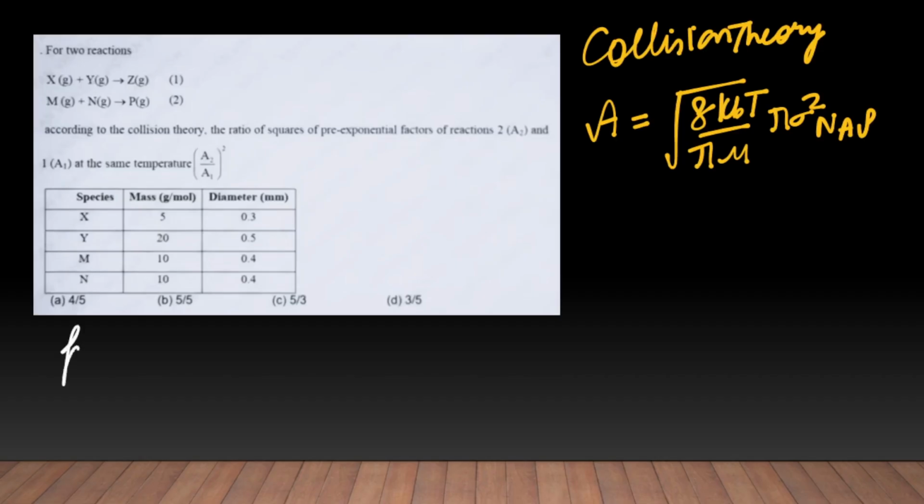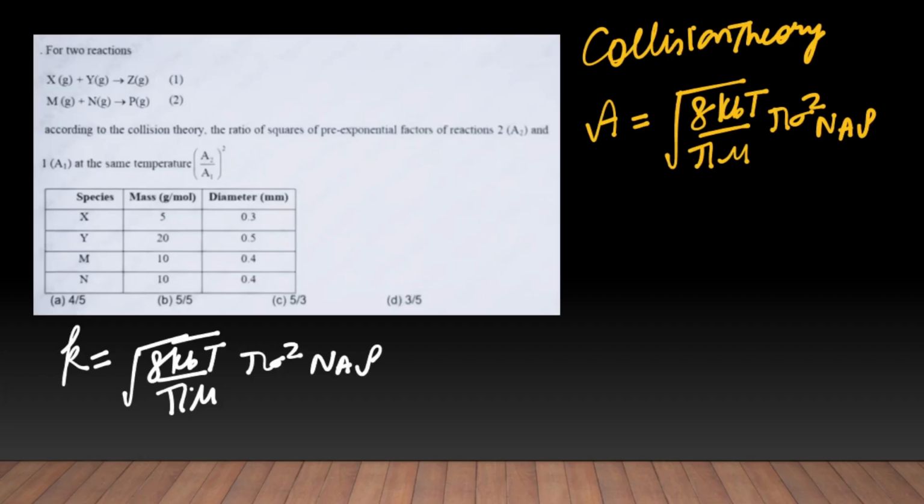Because rate constant k, we write it as root of 8 kBT by pi mu into pi sigma square into Na into rho into e raised to the power of minus E naught upon RT. So rate constant k is A into e raised to the power of minus E naught by RT. So from that, the pre-exponential factor you are getting is this one.